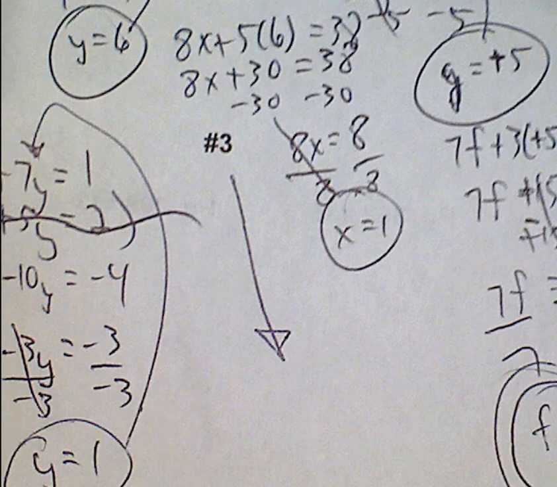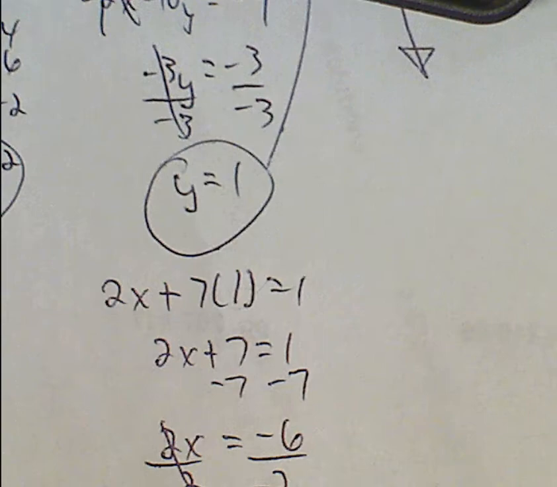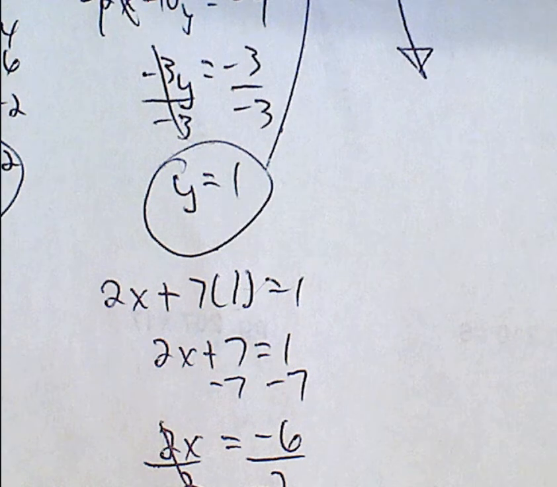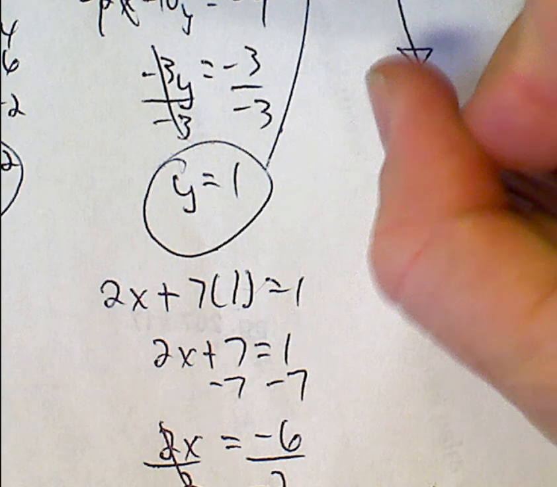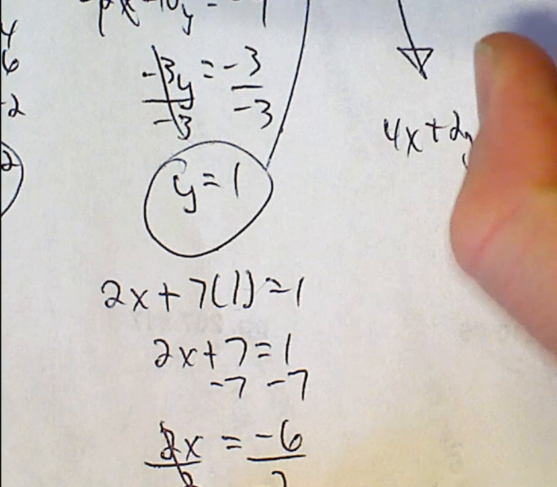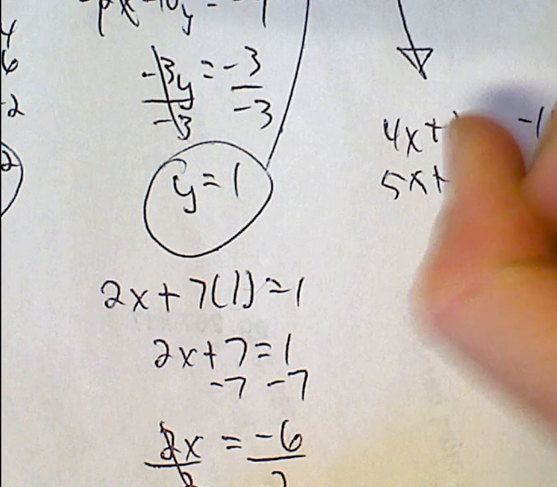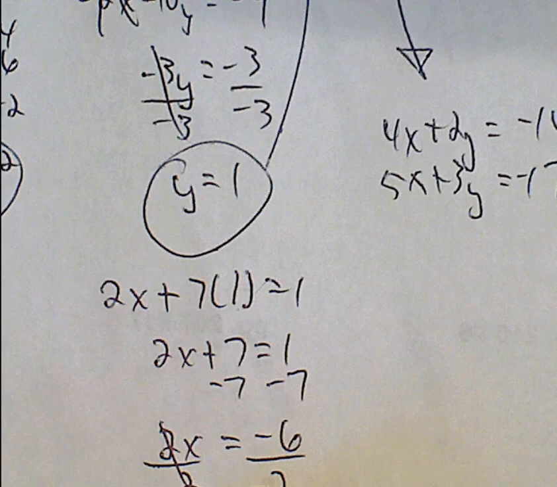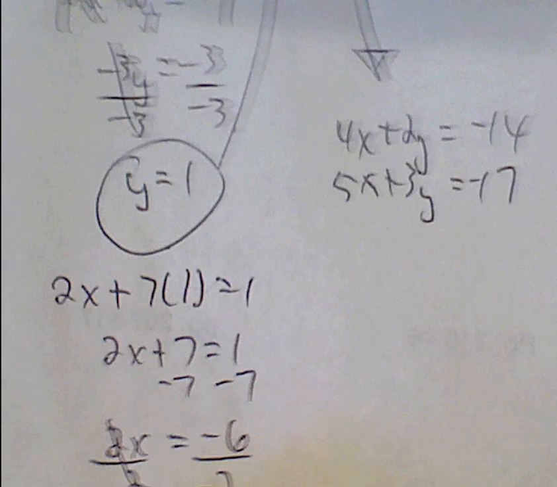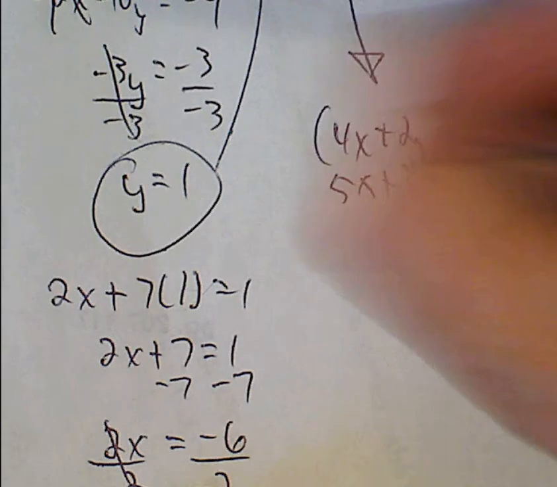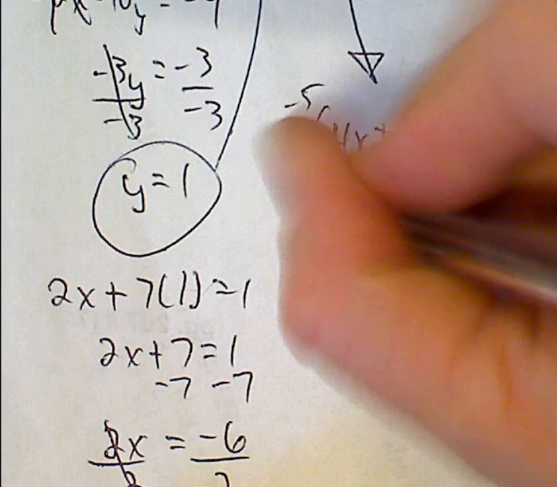So now I'm on number 3. I have 4x plus 2y equals negative 14. 5x plus 3y equals negative 17. I can't just do one, I actually have to multiply both. I'm going to multiply this by negative 5 and this by 4.